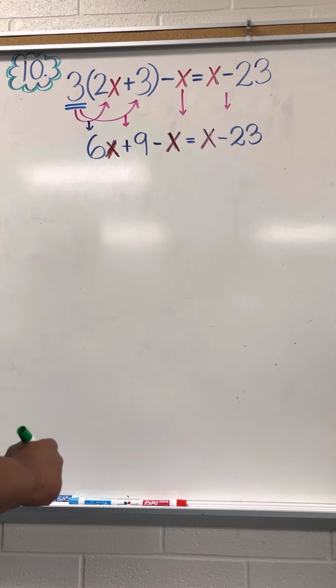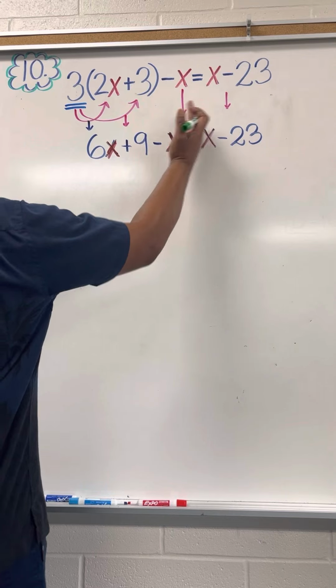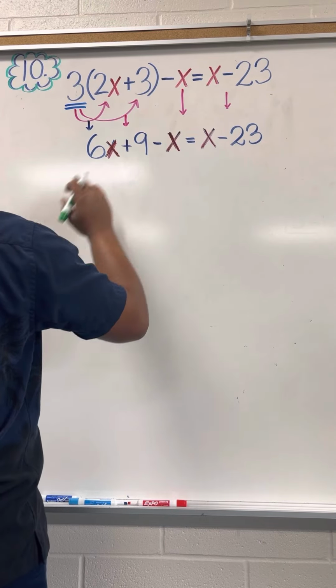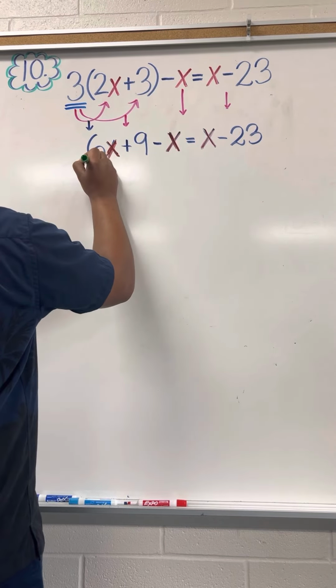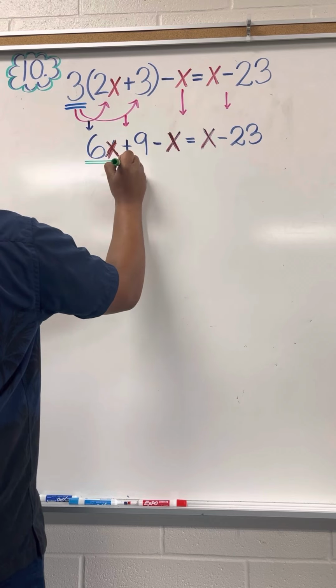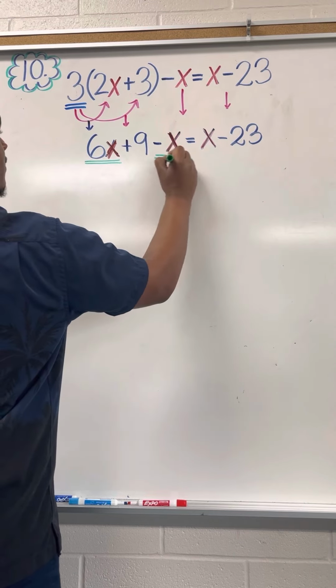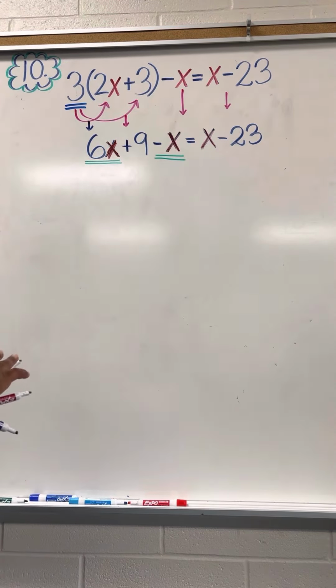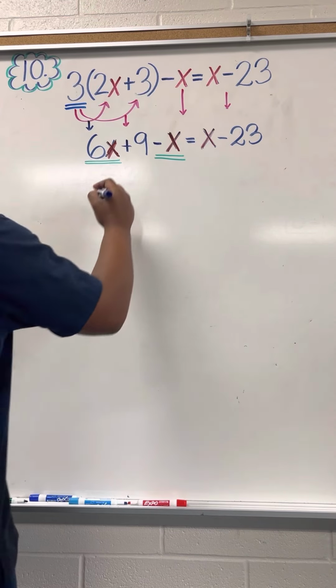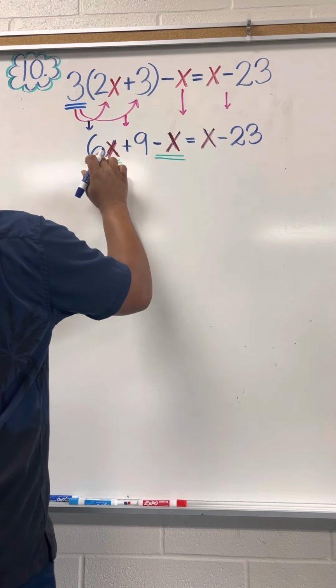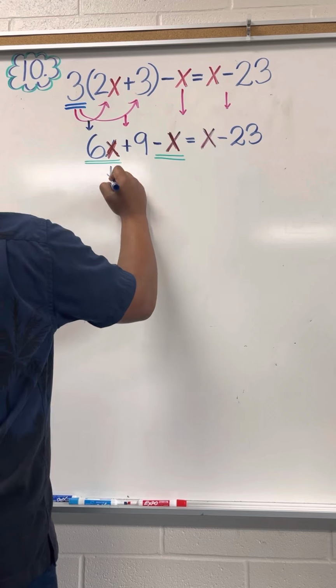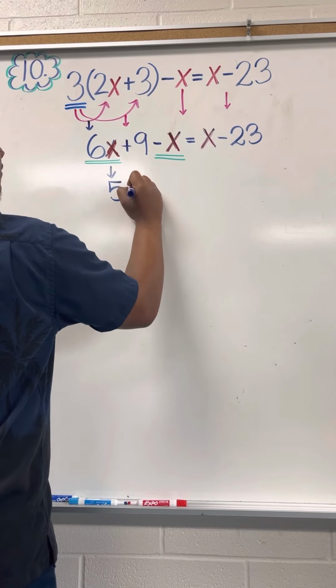Combine like terms. So on this side of the equal sign, the like terms that we have are 6x and negative x, which is negative 1x. If we combine those terms, then that would equal 5x, because 6x minus 1x equals 5x.